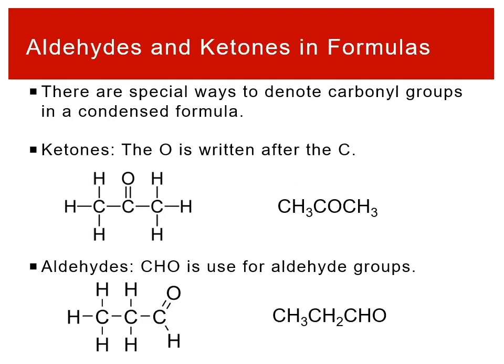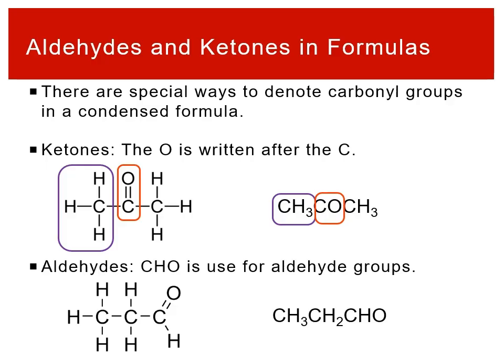When we're writing chemical or condensed structural formulas for these molecules, the carbonyl groups do need to be accounted for, and we write them in particular ways. Basically, we just write the O after the C. So for, say, a ketone, the CH3 shows up, then the CO. We don't write the O as branching.